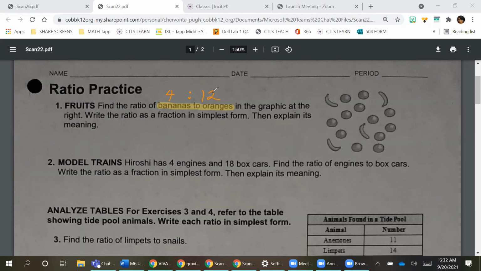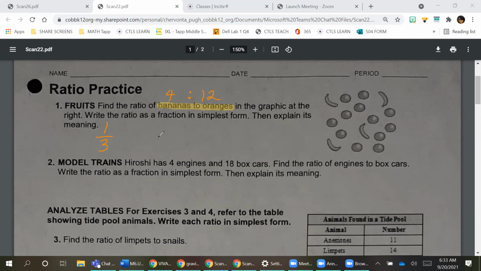All right, so I have 4 to 12, but I know that's not the simplest that I could get that. So I have to ask myself, what number would divide up 4 and 12? And I know that the biggest number that can is 4. So how many 4s am I getting out of 4? I'm just getting 1. How many 4s out of 12? I get 3. So this is my simplest form, 1 to 3.